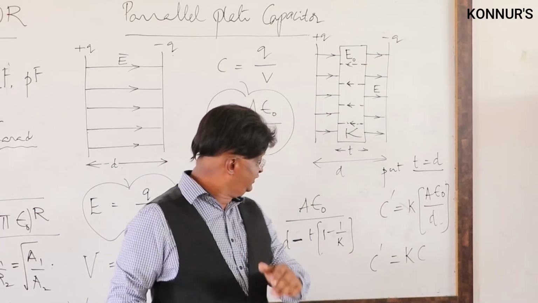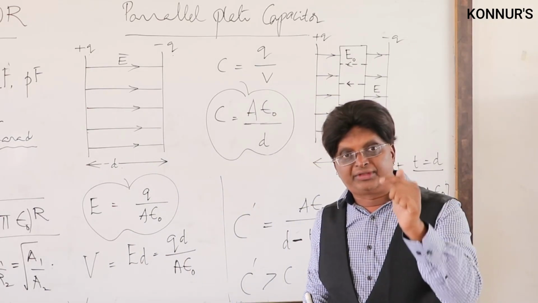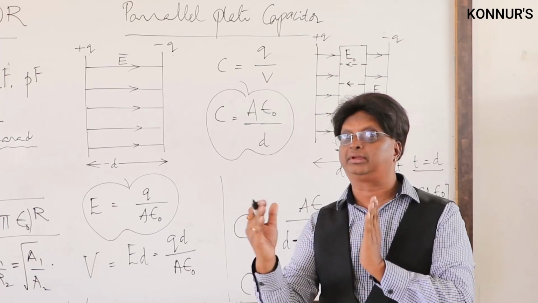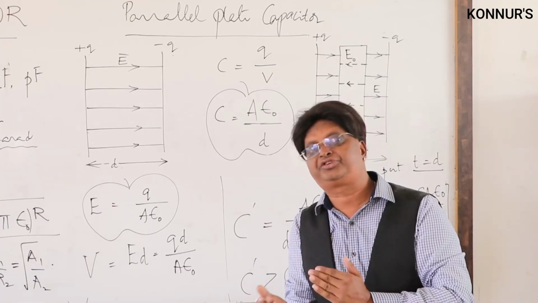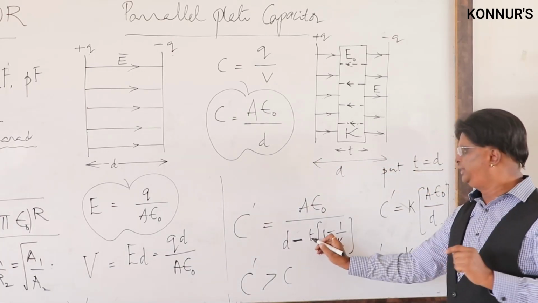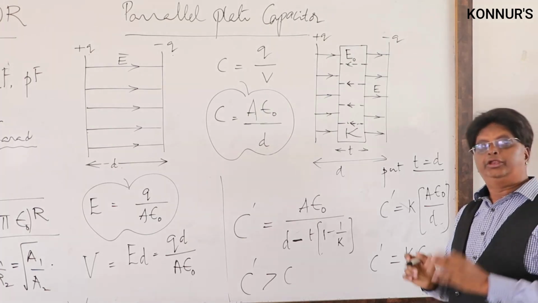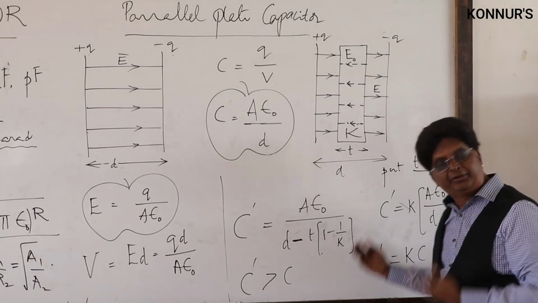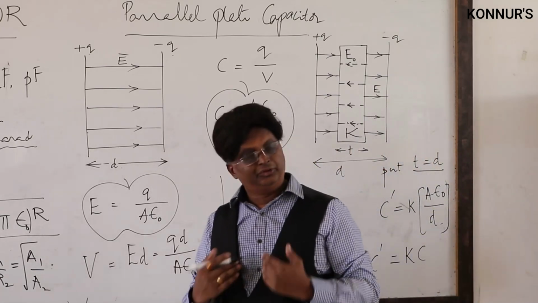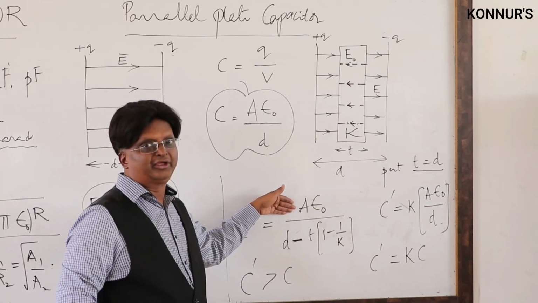Since effective distance has decreased, we have to increase the separation. What should be the increase in the separation? The answer is T into 1 minus 1 by K. Examples can be given both in terms of symbols or numericals. So carefully watch and practice your assignments.